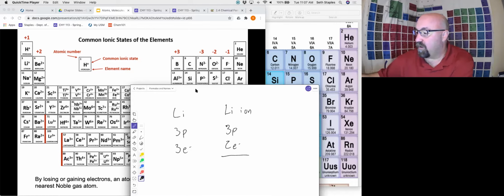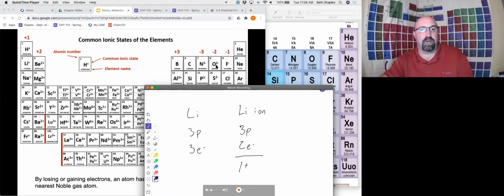If we look down the periodic table, so we look at sodium here, we see the same thing. The closest noble gas to sodium is neon. So it's the element before sodium. So sodium is going to want to do the same thing that lithium did. Sodium is going to want to lose 1 electron. And so it will end up with a positive 1 charge.